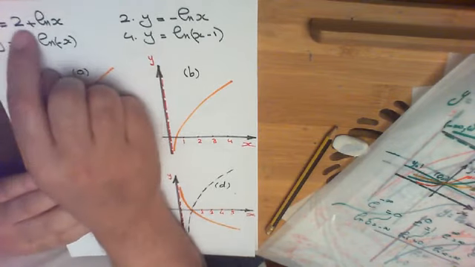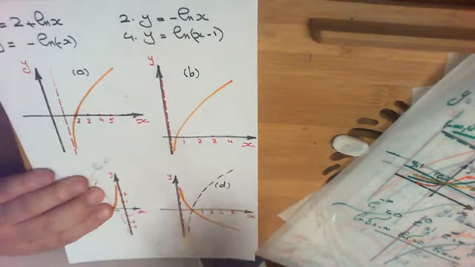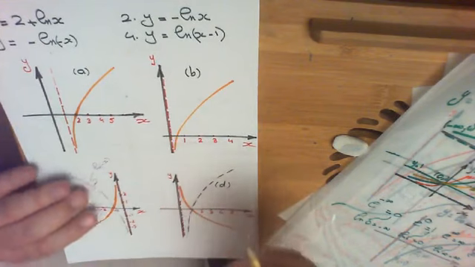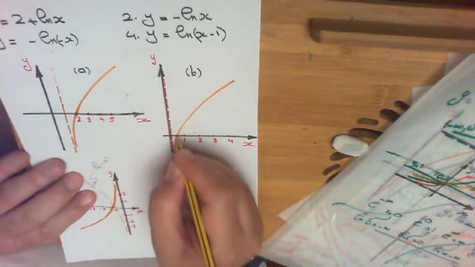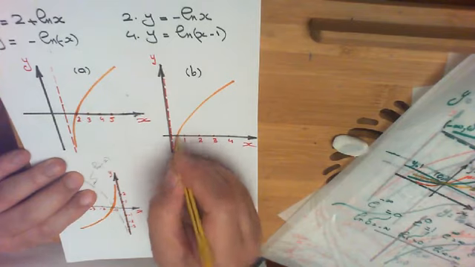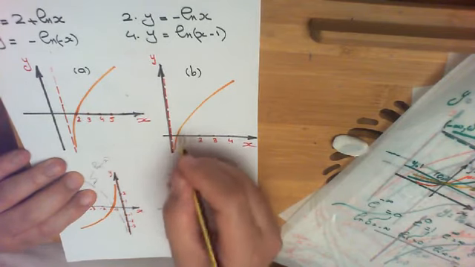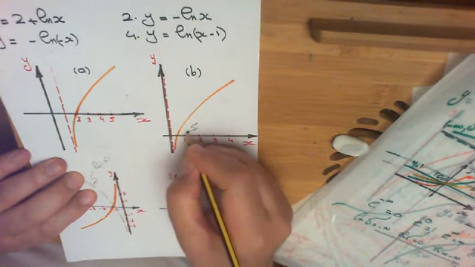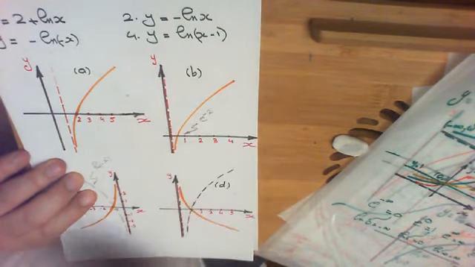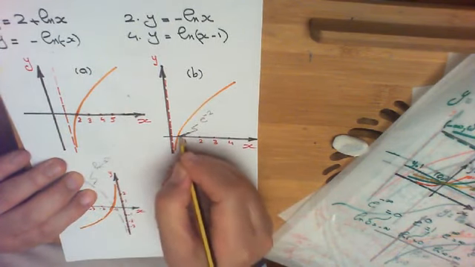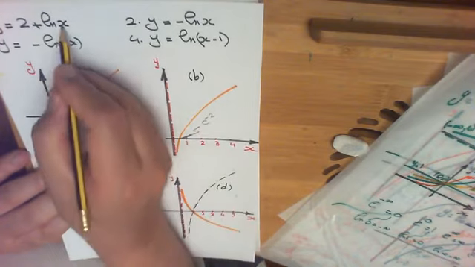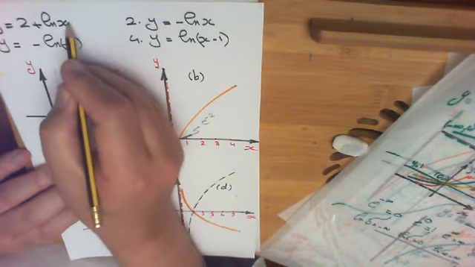So minus 2 plus 2 gives you 0, so this point, as you see, will be e to minus 2. Why? Because when x equals e to minus 2, here we have ln e to minus 2.